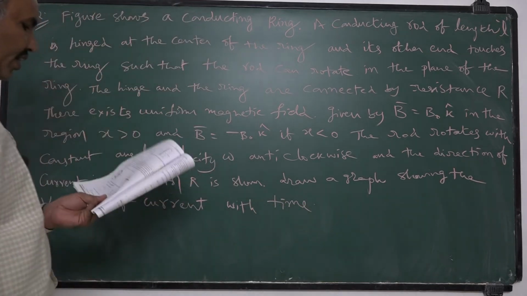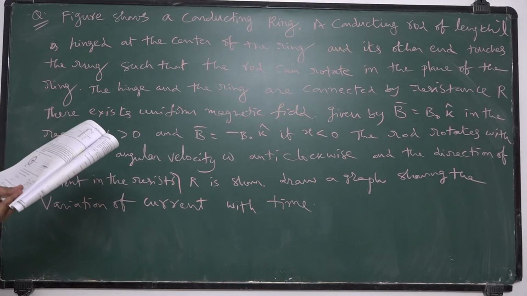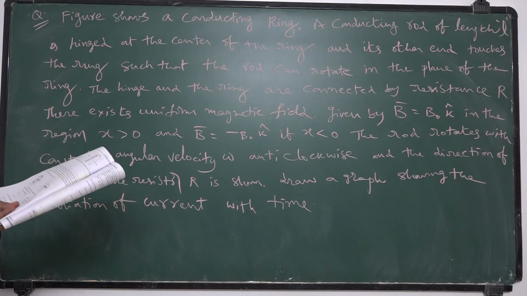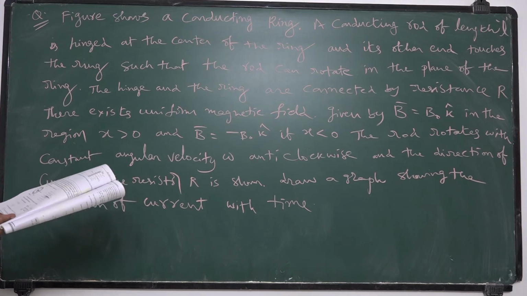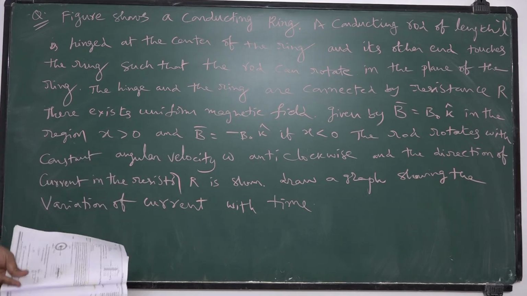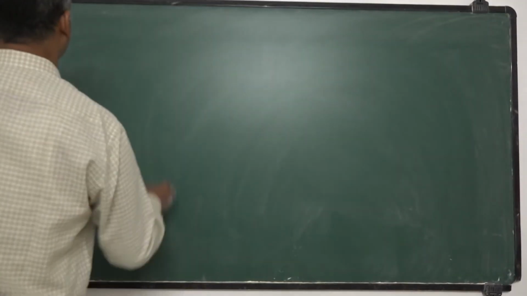Variation of current with time. The question figure we should draw, as the problem is a little bit bigger. Let me draw the question figure on the next board. Here is the ring.